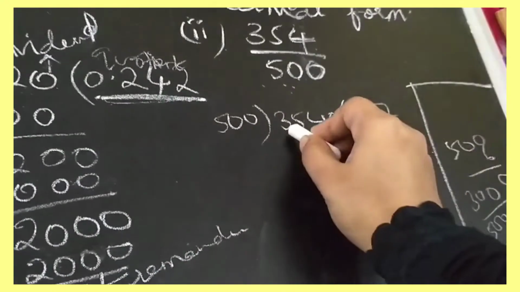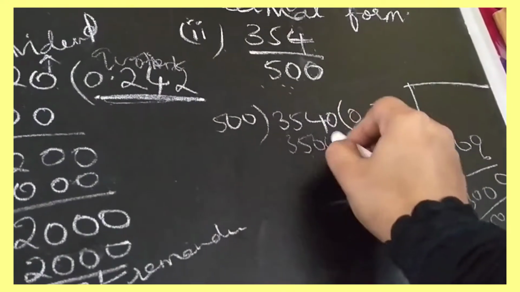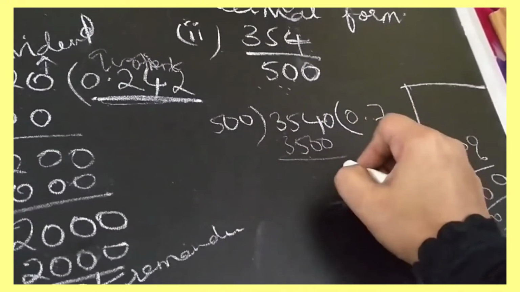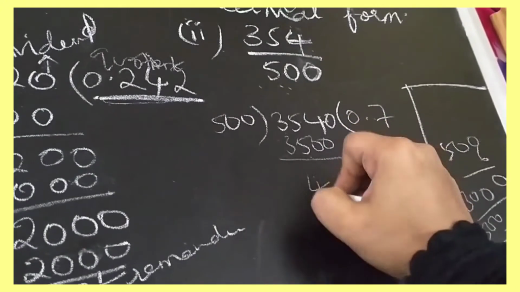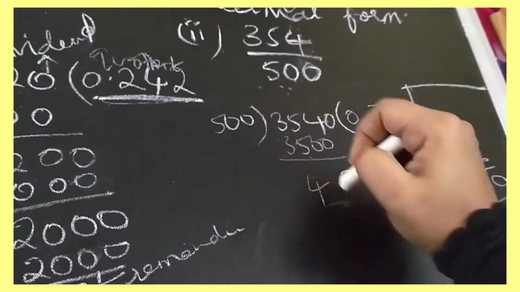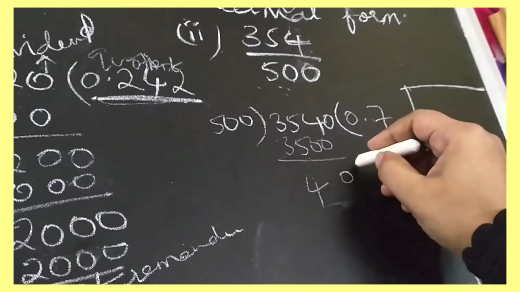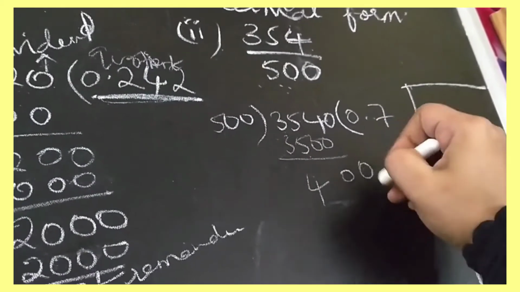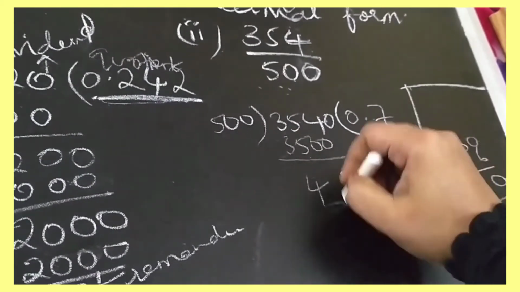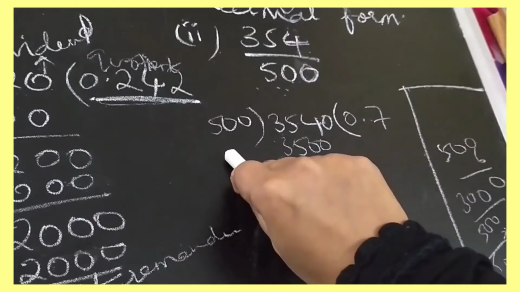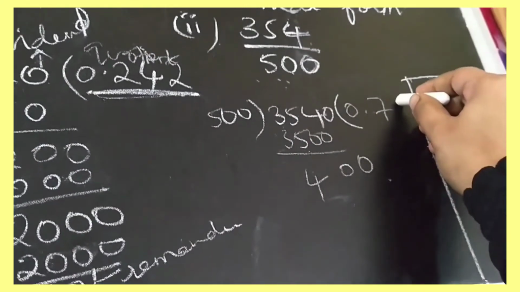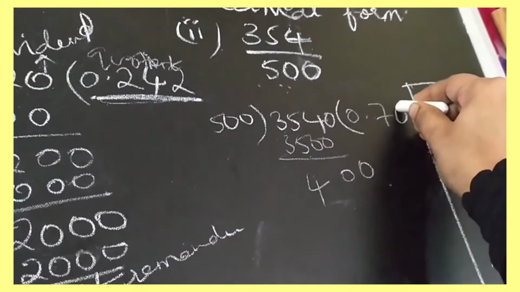Sevens, 3500. So now 0 minus 0 is 0, 4 minus 0 is 4. Again 35 minus 35 is 0. It is 40, so we can add one more 0 here. It will become 400. So 400 doesn't go again in 500. So we have to write 0 here.